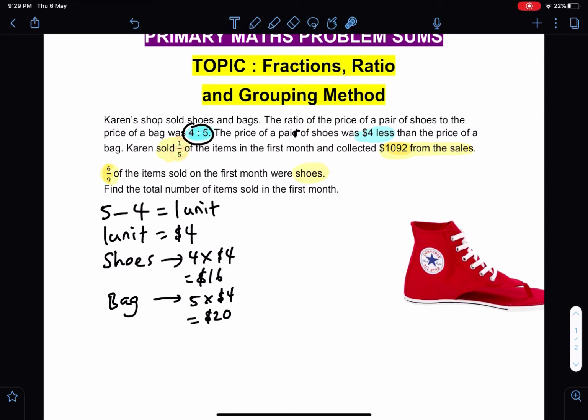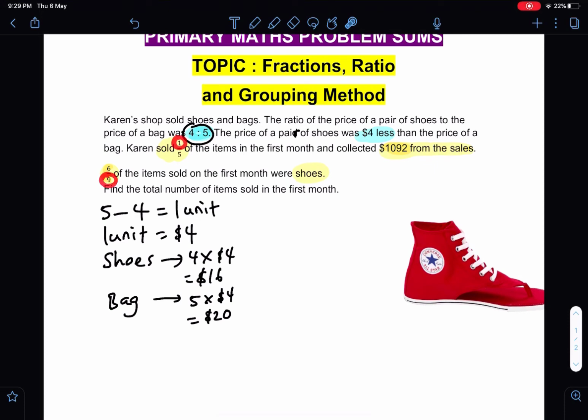But in the next statement they have said that 6/9 of the items sold, which means that items sold should actually be 9 parts, not 1 part.